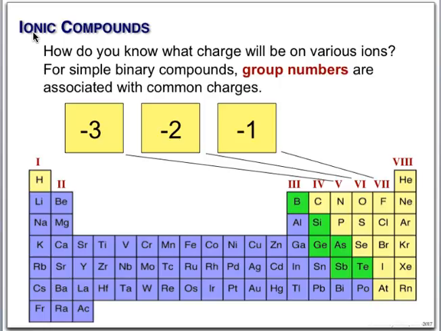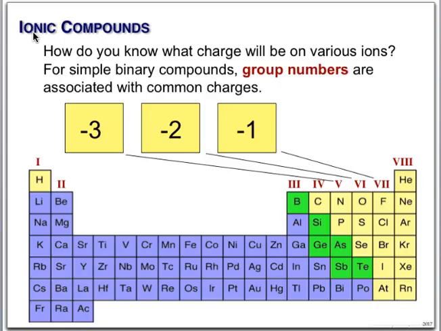If you're in group 7, you need 1 electron to get over to 8, don't you? So that's a -1. If you're in group 6, you need 2 electrons. In group 5, you need 3 electrons. So that's the way the charges work relative to the periodic table.